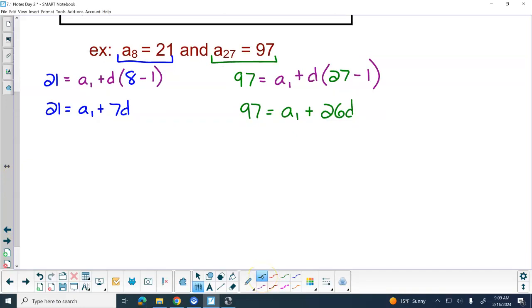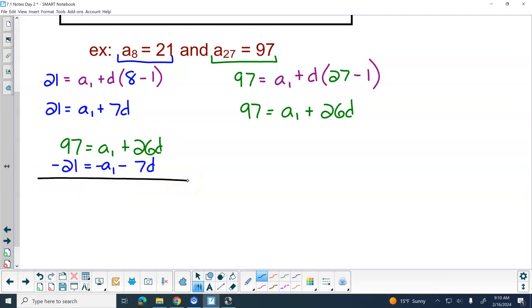So I would go green, and then I would go negative 1 times blue. That gives me 76 equals 19d.